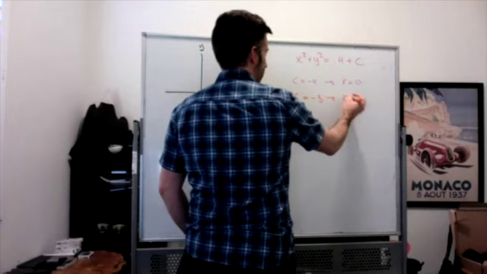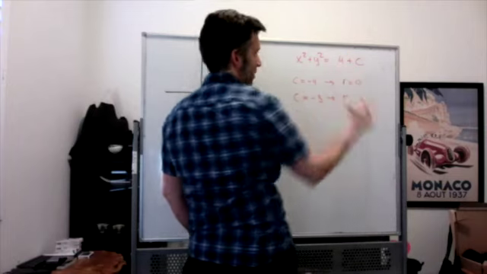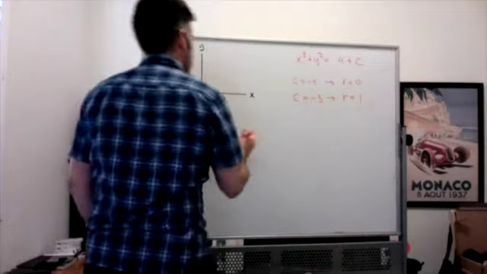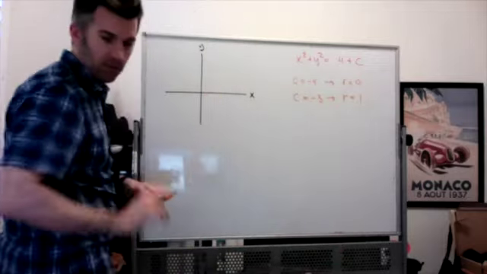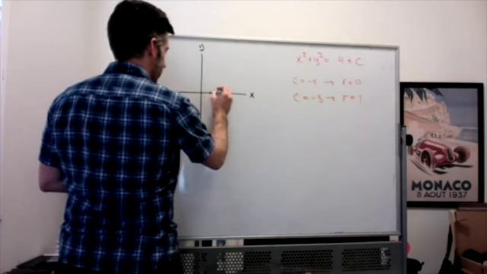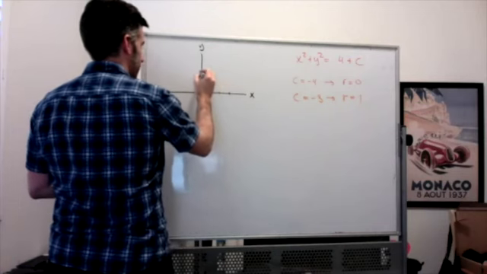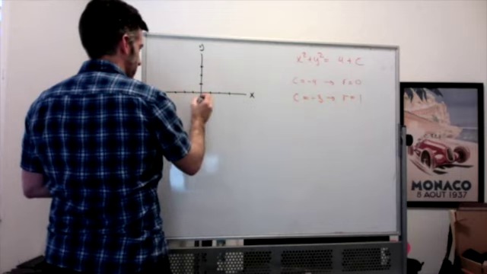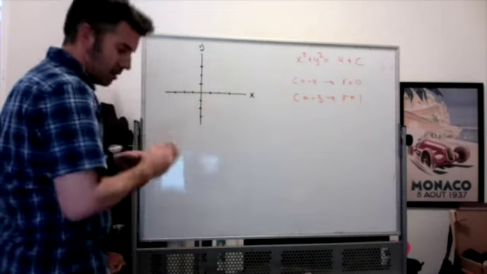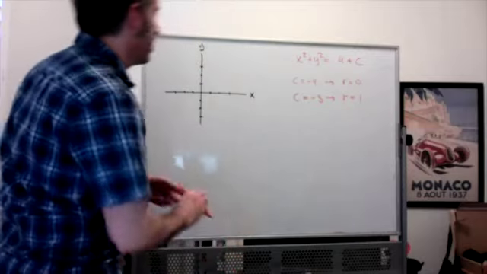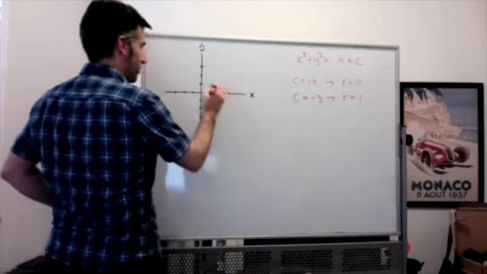Then the radius is the square root of 4 minus 3, which is 1. So when c equals -3, we get a circle of radius 1.